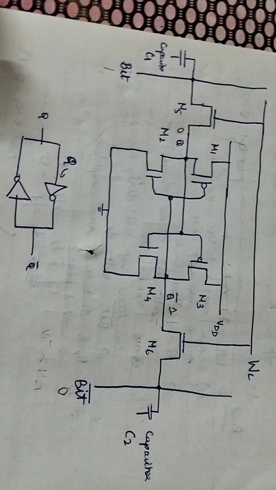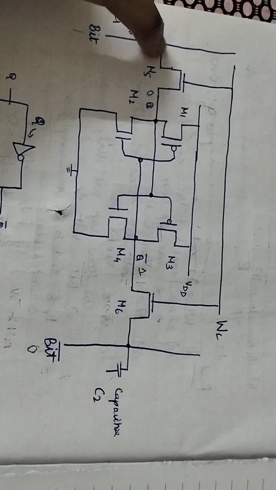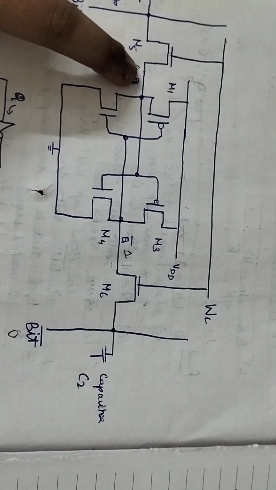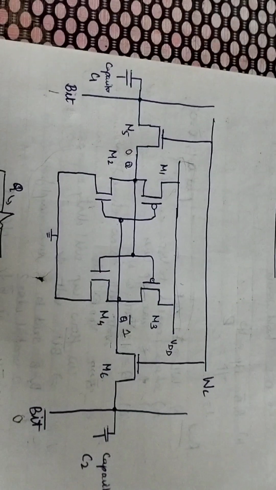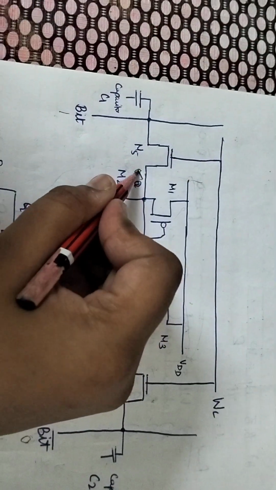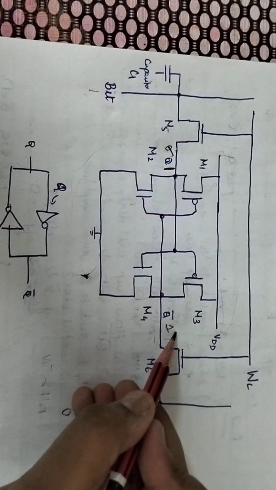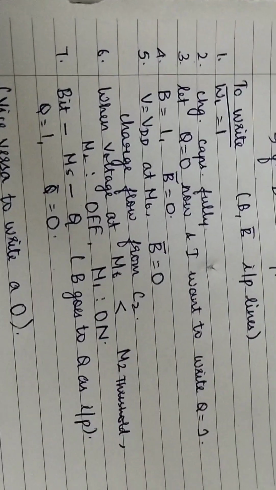Once M1 has been switched on, the data which is stored in the bit travels through the bit line through M5 to M1 as the input. So the input we are giving at Q becomes a 1, and that is how we write a value. This 0 changes into 1. Q is equal to 1 now, and once your Q has become a 1, automatically your Q bar becomes a 0. So that is what is explained here.